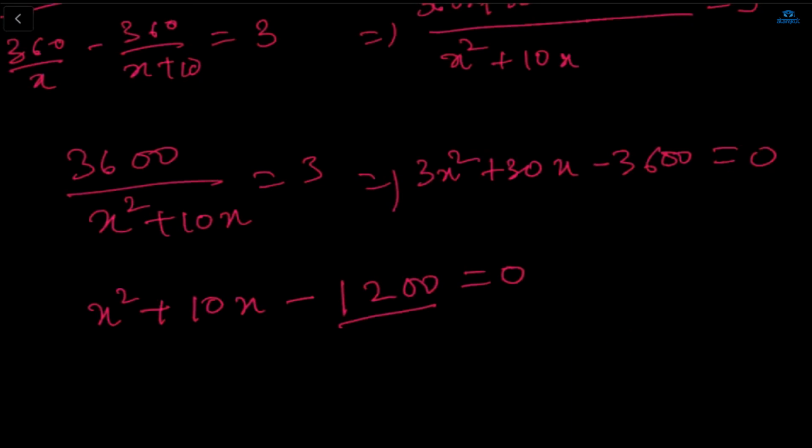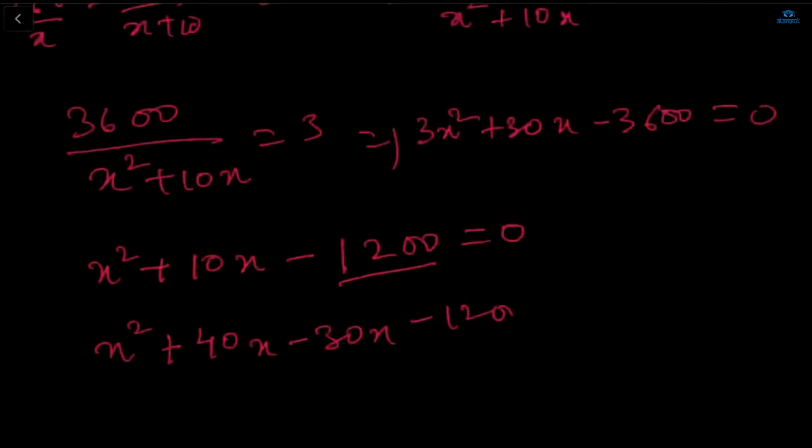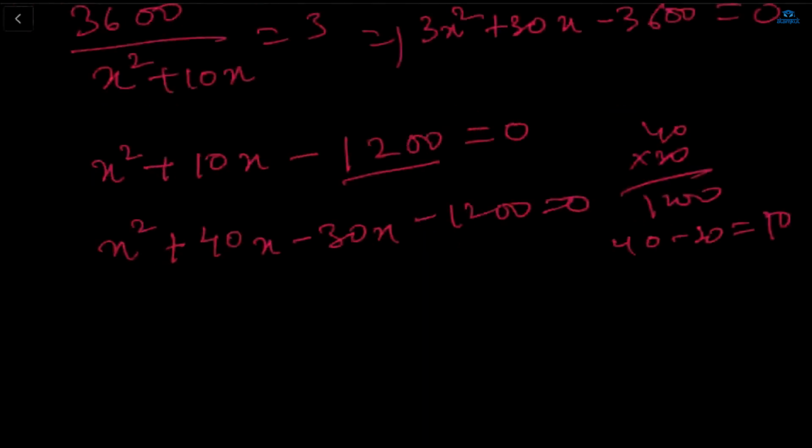Since you need 10x, we can write x square plus 40x minus 30x minus 1200, because 40 multiplied by 30 will give 1200, and 40 minus 30 will give you 10. So it will be x plus 40 times x minus 30.